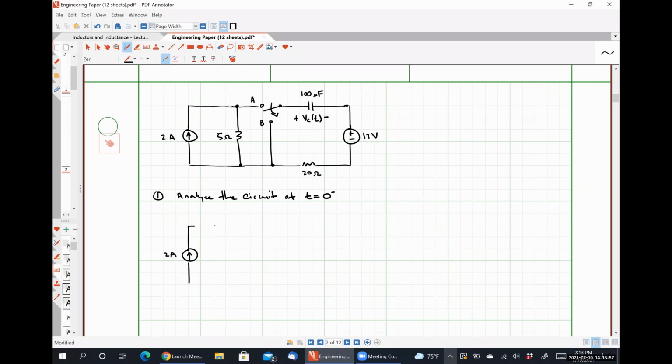We have 2 amps in parallel with 5 ohms. We have our capacitor voltage VC at 0 minus, like so.